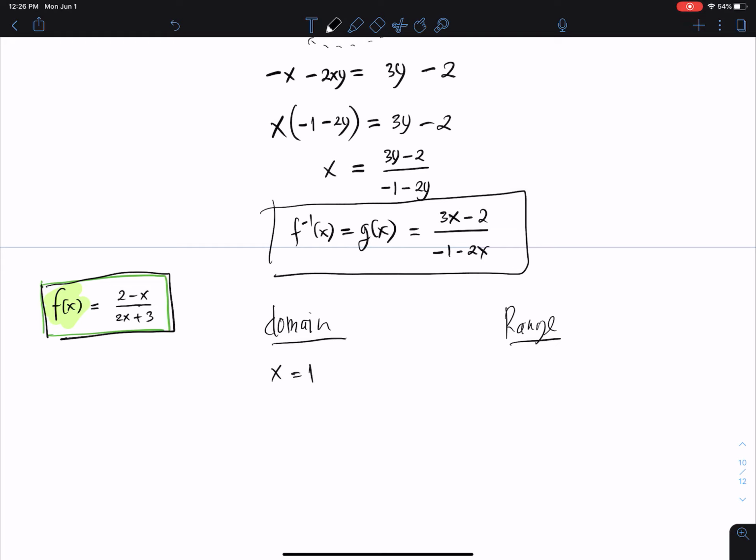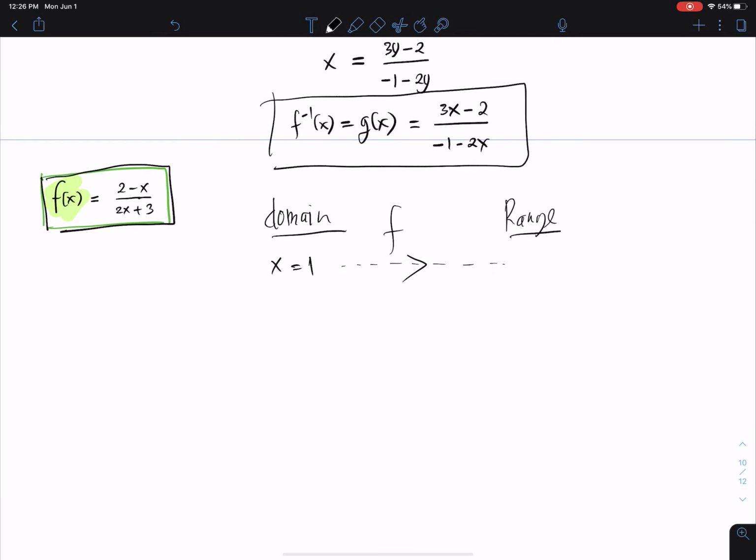So what will be the pair in the range with the f function? Let's calculate. f(1) will be (2 minus 1) over (2 times 1 plus 3). So that will be 2 minus 1, which is 1. 2 times 1 is 2, plus 3 becomes 5. So we get 1 over 5 on the range. So 1 will be mapped to 1 over 5.